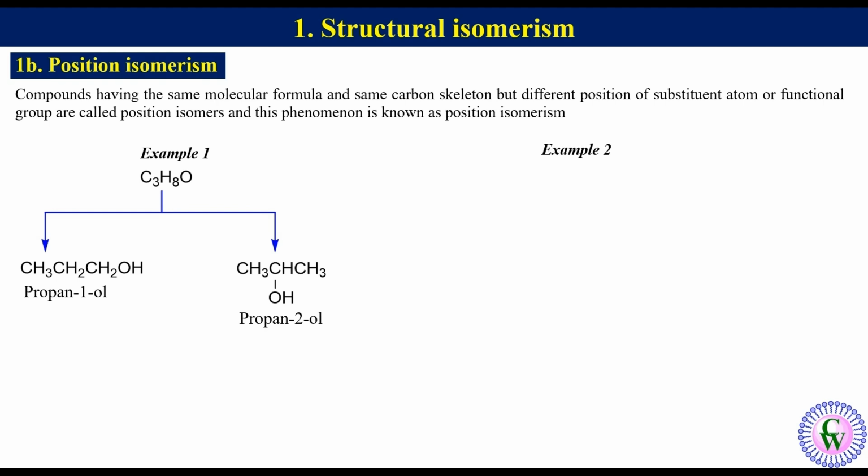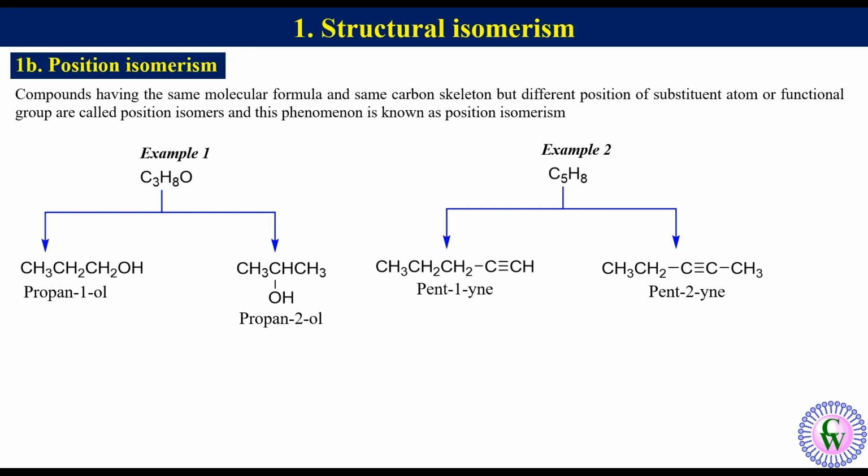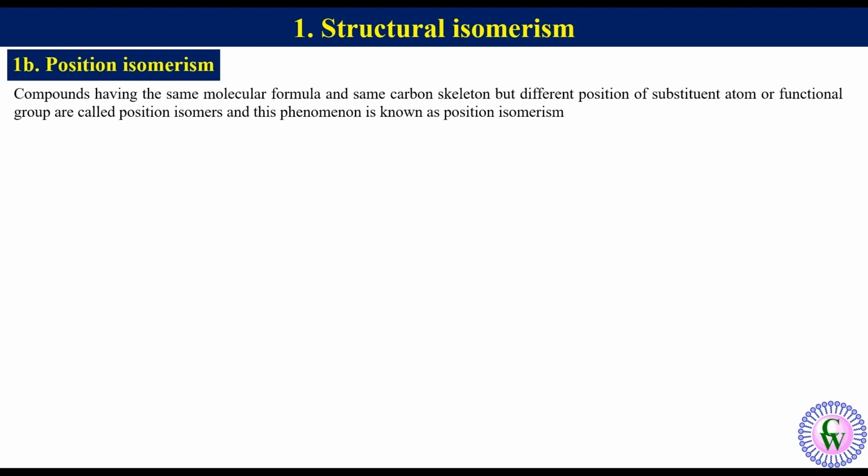Second example, C5H8. This is the common molecular formula of 2 alkynes, pent-1-yne and pent-2-yne. Here in this case, both have 5 carbon chain skeleton with difference in only the position of triple bond. So these are position isomers. Example 3.